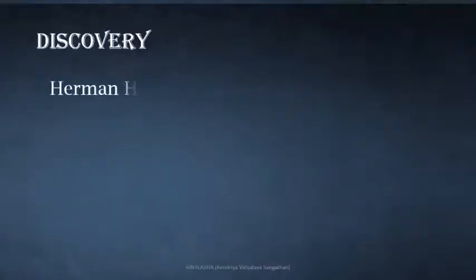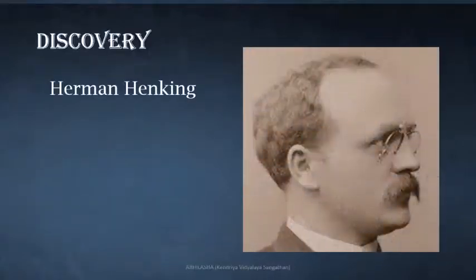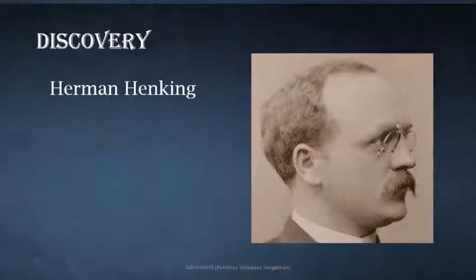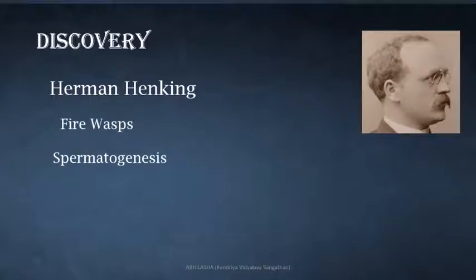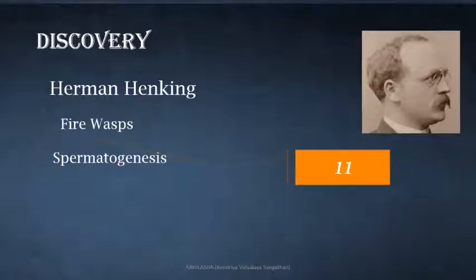In 1891, a German biologist, Hermann Henking, was studying fire wasp. He was studying spermatogenesis. He found that these organisms have 11 chromosomes in the nuclei of sperms. But then he saw that there were some sperms which had some additional chromatin in the sperm nucleus.